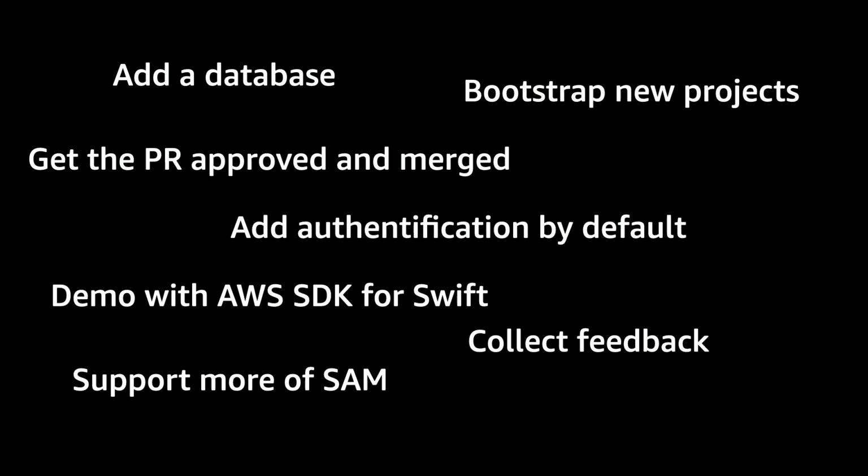I also would like to add user authentication by default on the REST API. Right now, the REST APIs are public, and that's really not a good security practice. I don't like to ship sample code or demo code which is not secure by default. So I'm thinking about making it a bit more opinionated so that it will enforce some kind of authentication with JWT or something like that on the API Gateway.